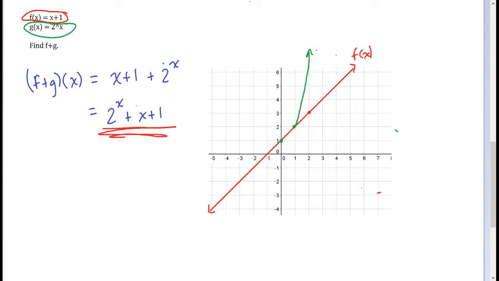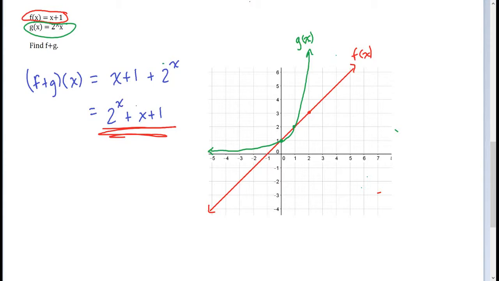Not too worried about the exact values right now. And then on this end it has a horizontal asymptote approaching the x-axis. So we can graph that really quickly just because we know a couple of key points and then the general end behavior. And so what does it look like when we add f at x and g at x together?